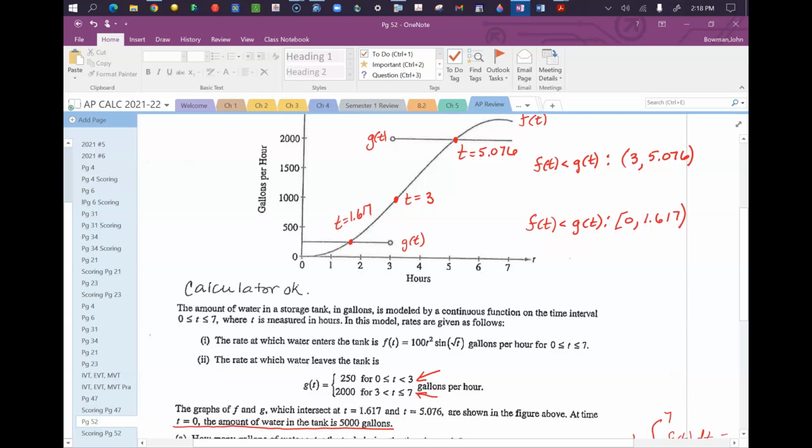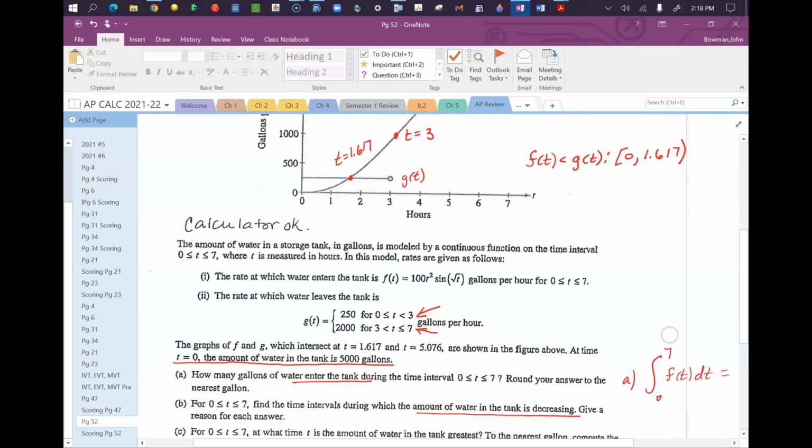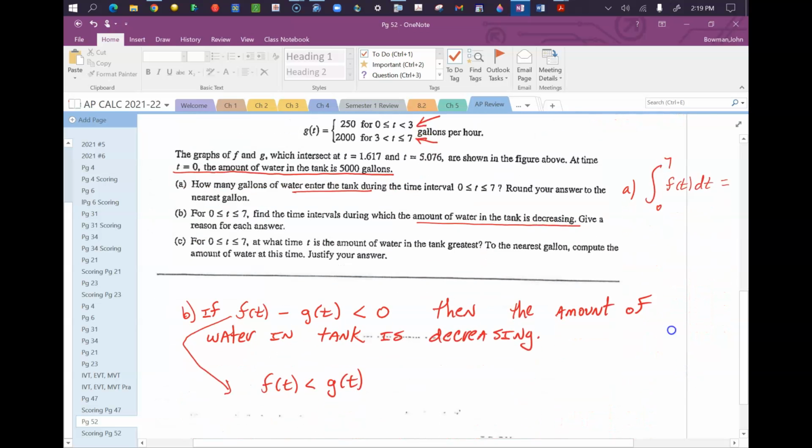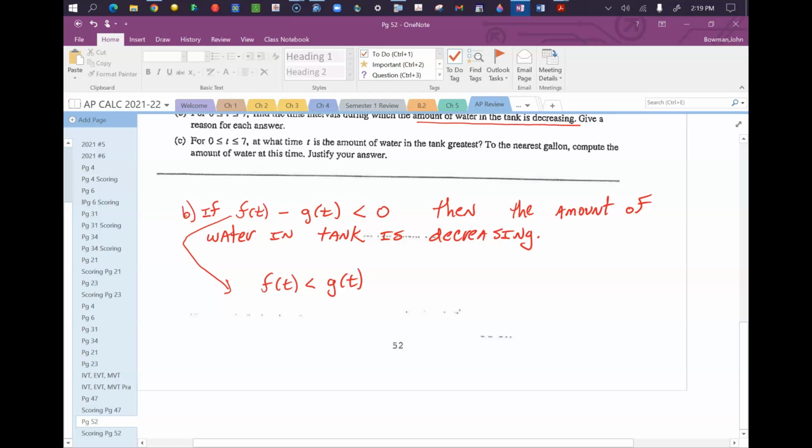So if f of t is less than g of t, then the amount of water in the tank is decreasing. So our answers to that are the two intervals, 0 to 1.617, or 3 to 5.076. That's a parenthesis there.